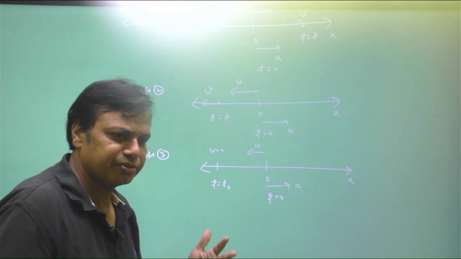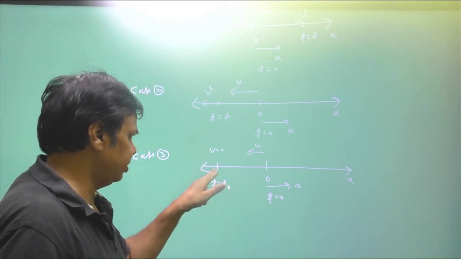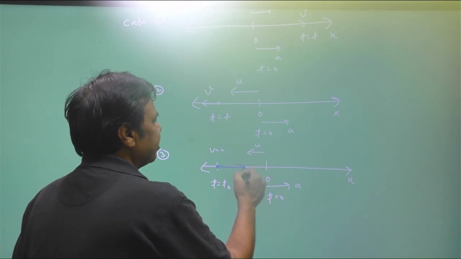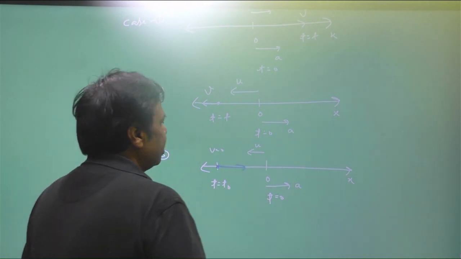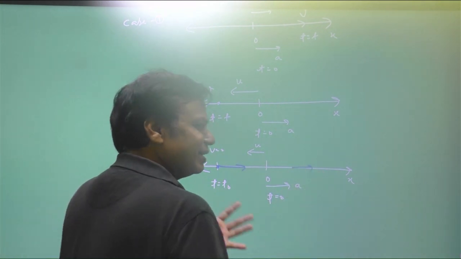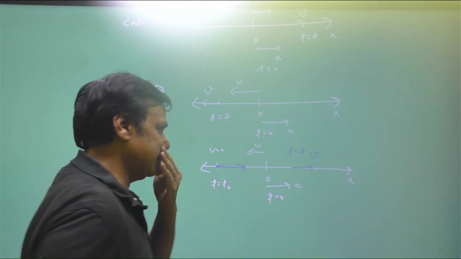But the particle has come to rest here, and then it has started moving in this direction. And at any time t, its velocity is v like this.